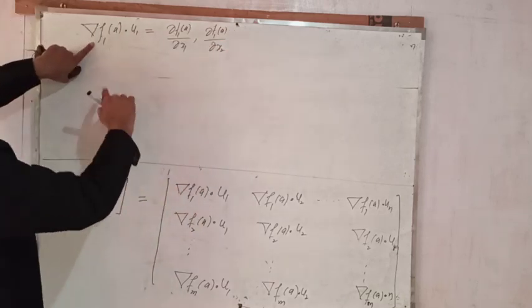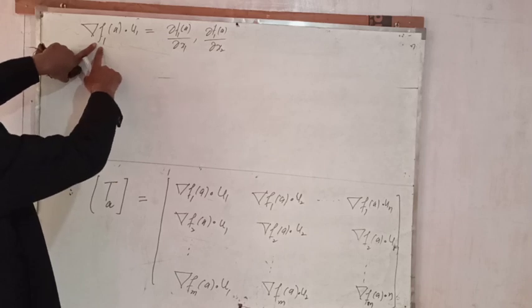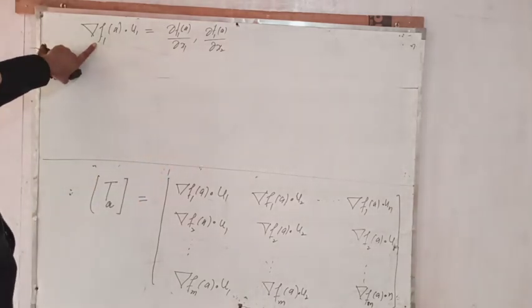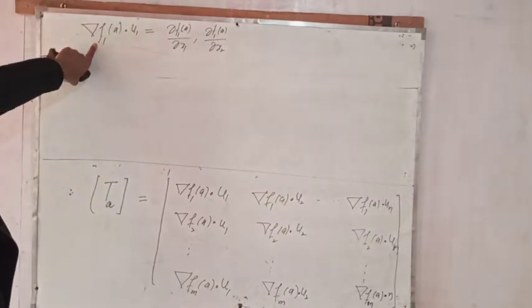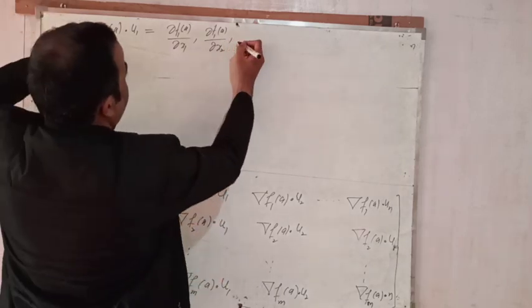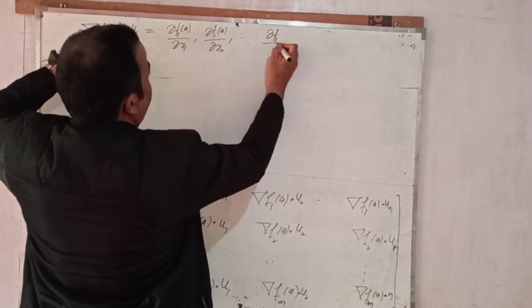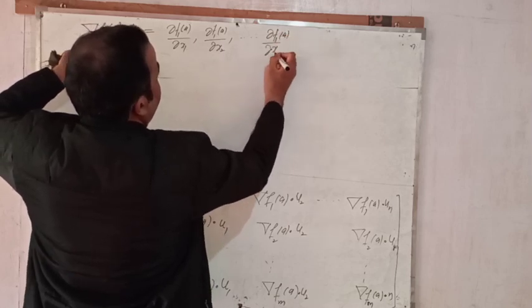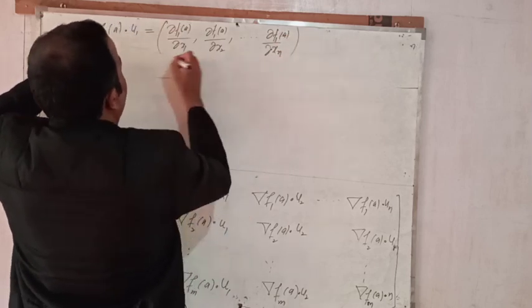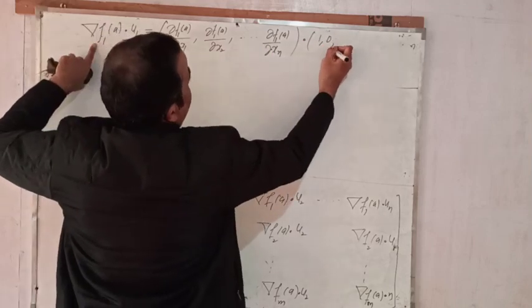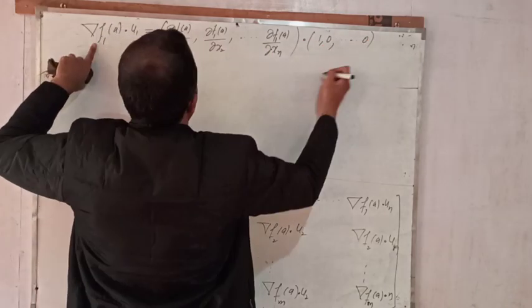This time instead of G you have F1. Simply replace G by F1 in that formula and you get delta of F1 at A by delta of xn dot 1, 0, so on, 0, because you have the first vector here.